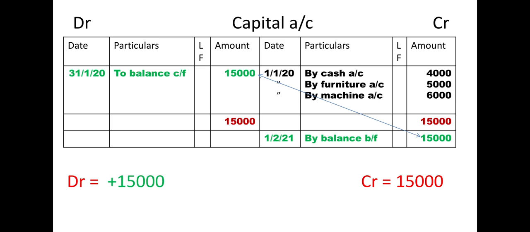Then, student, you need not balance them because they are already balanced. So you just have to write the total. Clear? You need not write by balance CF or BF because it is already the same.